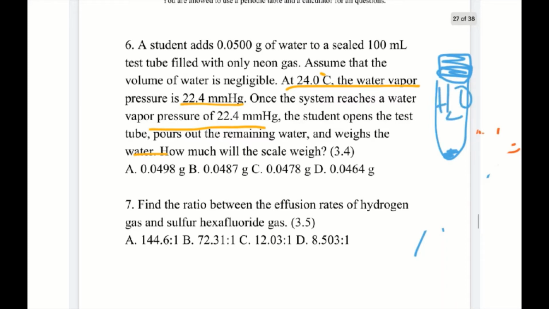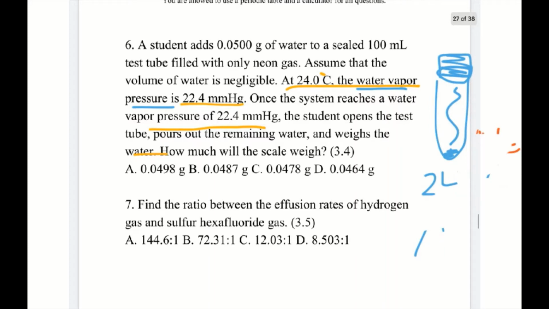And remember that when you have a liquid, the liquid wants to have a liquid gas equilibrium and wants to have a water vapor pressure at 22.4 millimeters of mercury at 24 degrees Celsius in order to reach equilibrium.